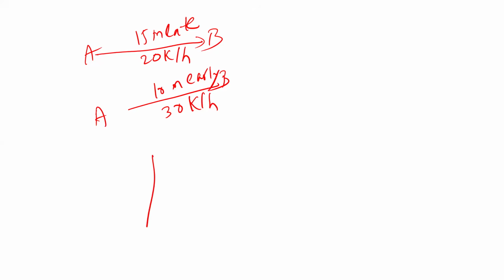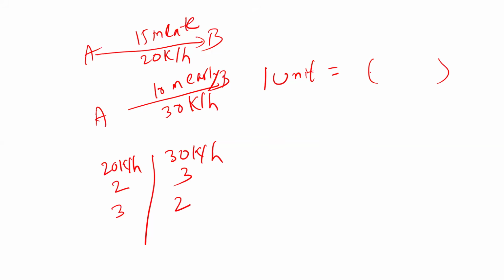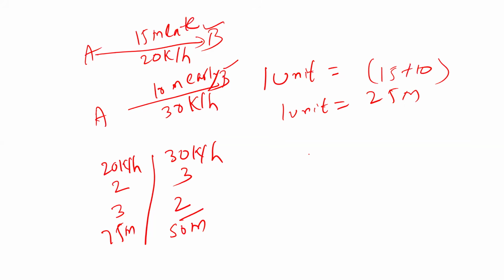What I told you, first write down the speeds. 20 kilometer per hour, 30 kilometer per hour. Ratio 2, 3. Inverse 3, 2. Difference of 3 and 2, 1 unit. That 1 unit equals what? One is late, another is early, opposite. 15 plus 10. So 1 unit equals 25 minutes. Then 2 units will be 50 minutes, 3 units will be 75 minutes.